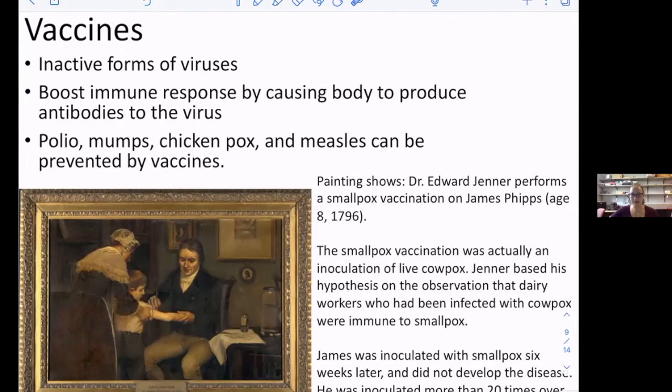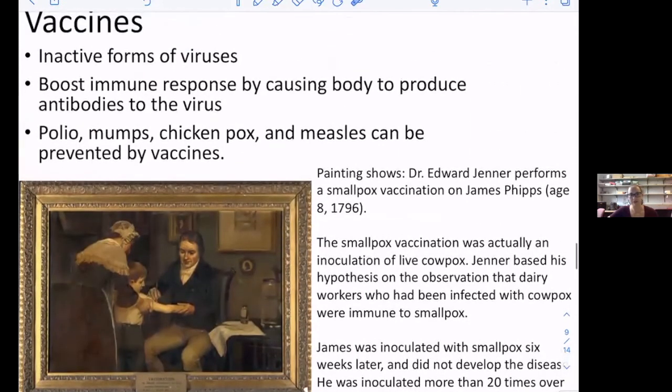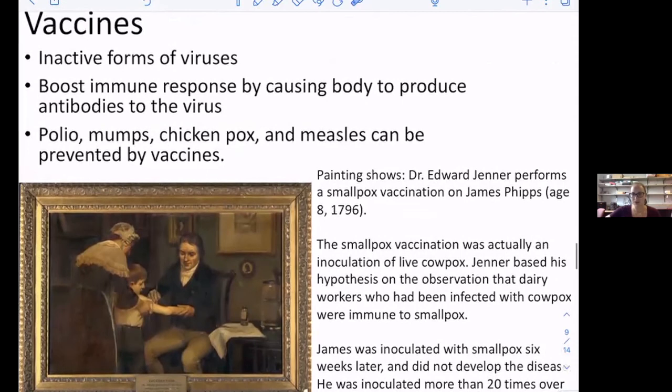This particular child, James Phipps, was inoculated over 20 times over the course of his life and never got smallpox. So at least to my understanding, that was the first vaccine that was created, or how vaccines were thought of.